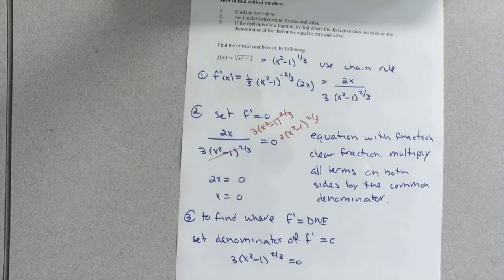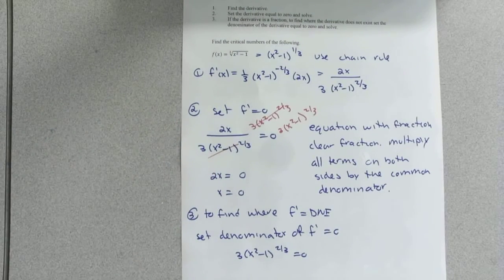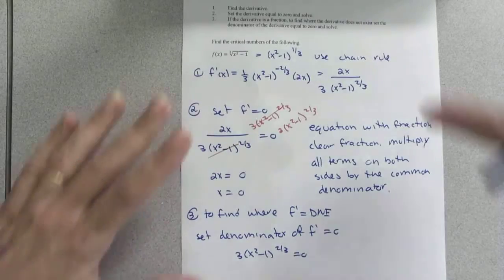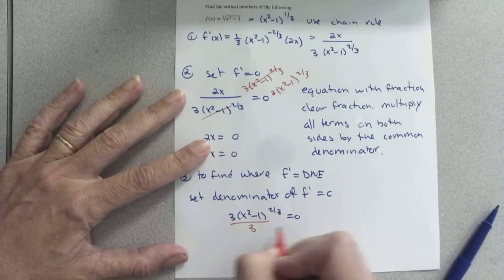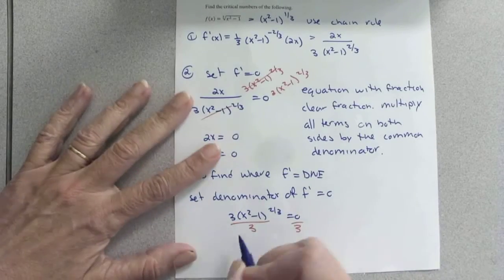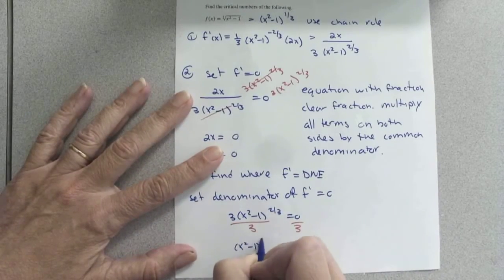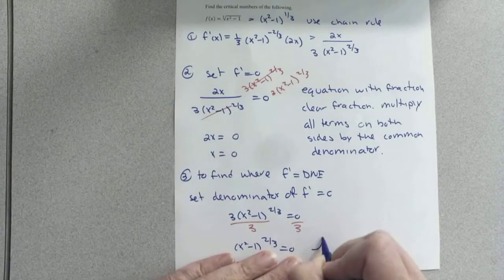Because if you divide by 0, bad things happen. Now, I'm going to beat this to death in getting this answer. I would have no problem with people telling me that the answer to this equation is plus or minus 1. But beating this to death, divide both sides by 3. So I have x squared minus 1 to the 2/3 equals 0.